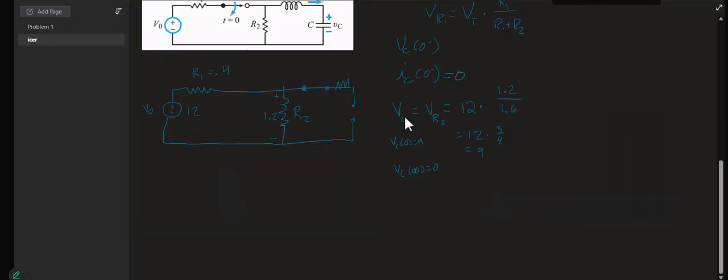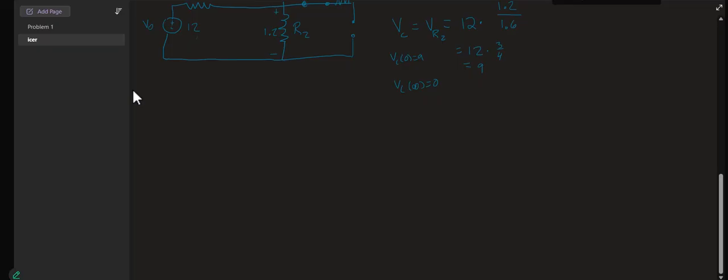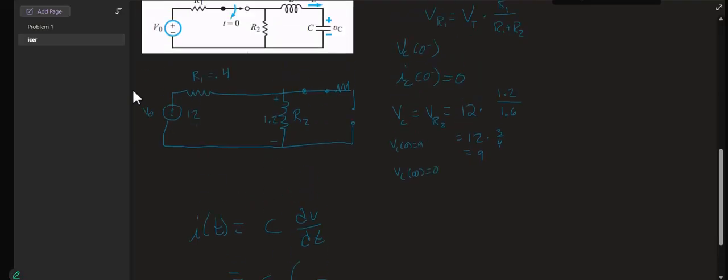And then if you had to find I of t, so we have this nice, not so nice, but there it is, function for VC of t. So I of t equals C dV dt. So then you would take the value of C, whatever it was, and then you take the derivative of that huge function. It's not as bad as it seems because it's a product rule, but let me just show you why it's not as bad as it appears.